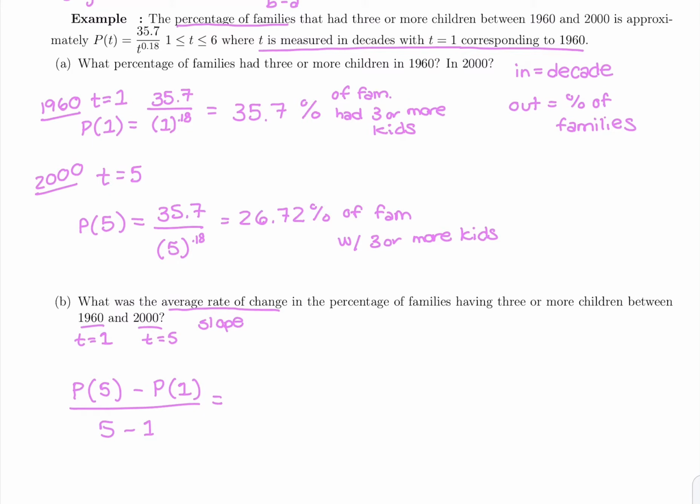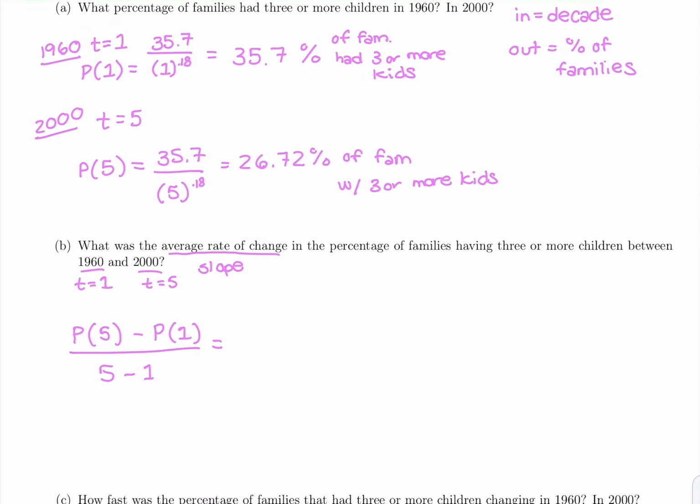The nice part is we don't need to do some extra side work. We already found P of 5 above. P of 5 was 26.72. I'm looking right here at my work in part A. Minus P of 1, we also found in part A, is 35.7, over 5 minus 1 is 4. So we already found those two y values, which is great.